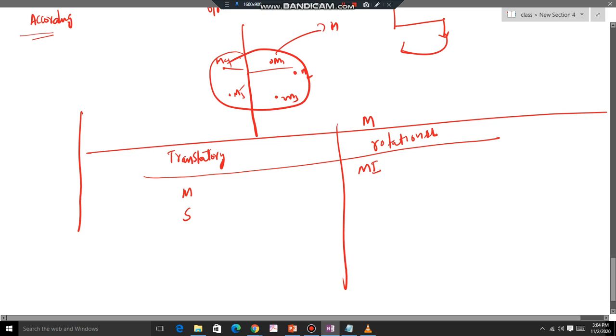Displacement here is angular displacement theta. Velocity in translation is v, here it is angular velocity omega. Linear acceleration is a, here angular acceleration alpha.